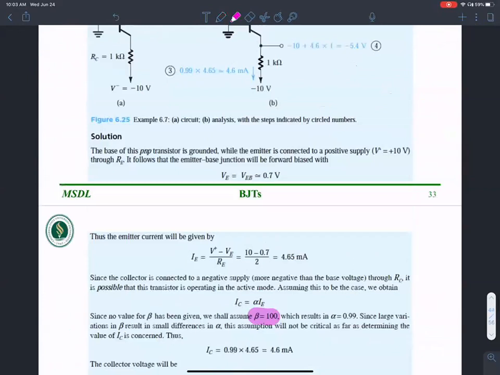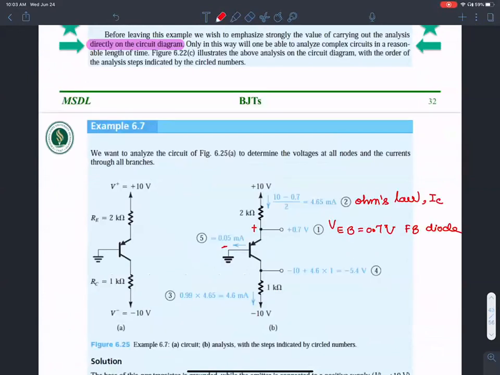So here is the underlying idea. If you have beta and one current, you should be able to calculate the other two currents. Or if you have beta and IE, you can calculate the other two.